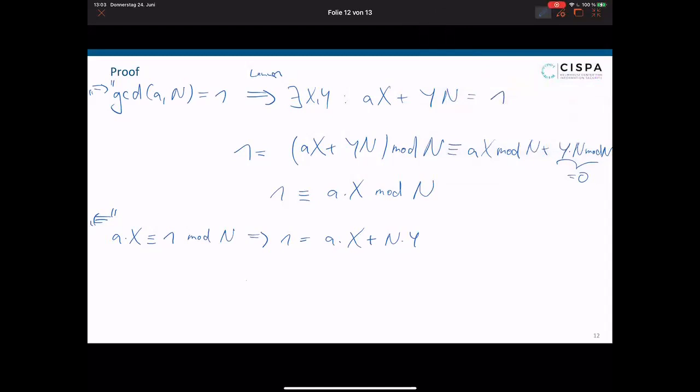From this, it immediately follows that the GCD of a comma n equals 1, right? Because if the GCD of a and n was anything bigger than 1, then every linear combination of a and n would be a multiple of their GCD.